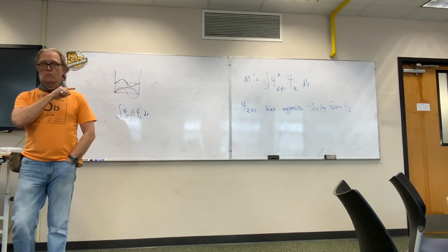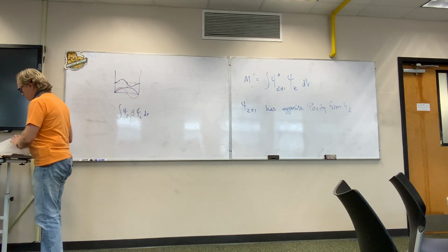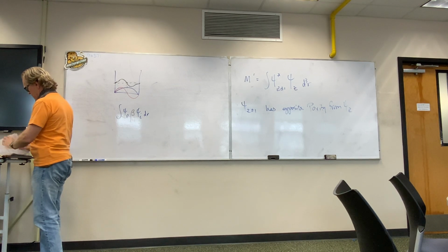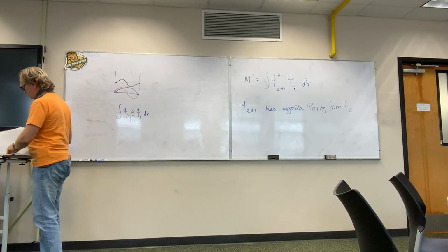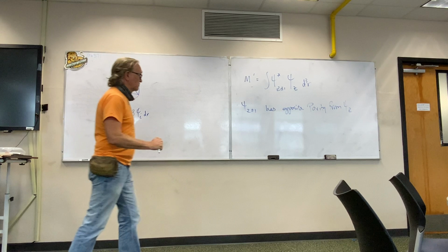We were talking about it in one dimension, about whether it was an even or odd function. I do a more detailed discussion of parity, but I guess I do it later. So we're going to come back to that. When I talk about parity decay, I think I talked about it there.